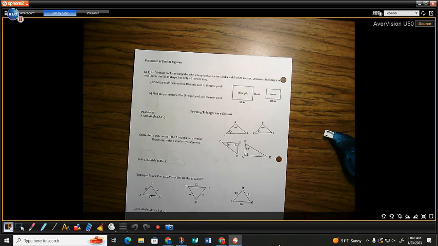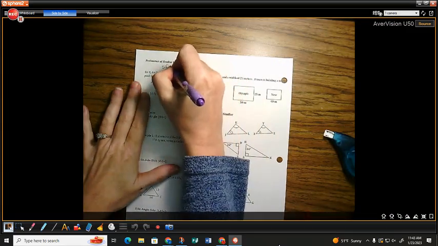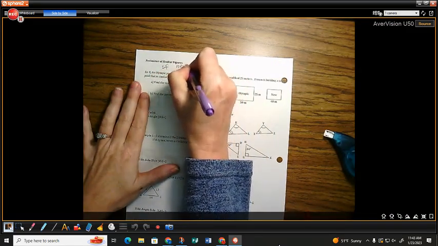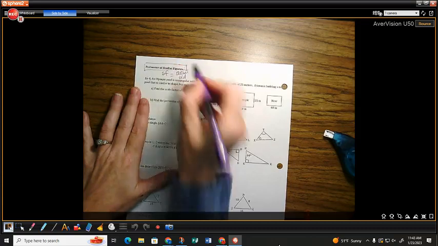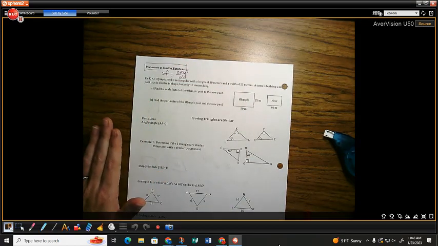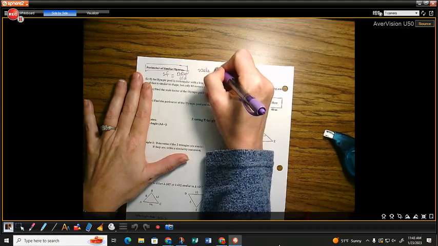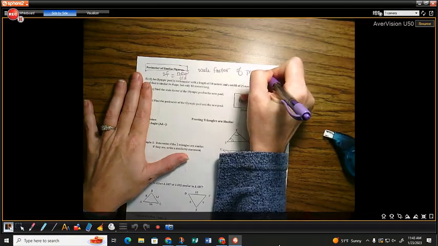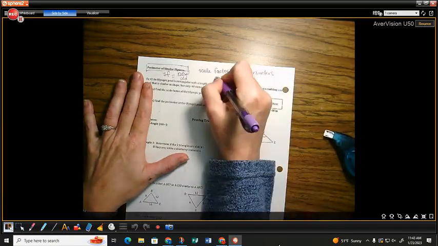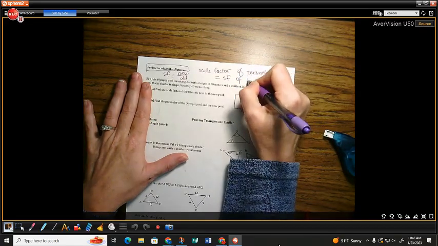So the cool thing about scale factor. Oh wait, scale factor is set up how always? New to old. It's always new to old, right? Yep. Well, when you do perimeter of similar shapes, the scale factor of the perimeter will always equal the scale factor of the individual sides.